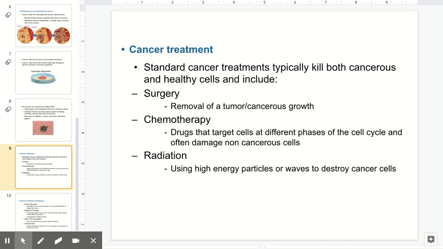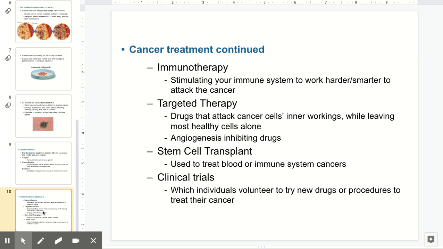If you like to keep your hair pretty short, like a short haircut or a shape up, you have to go every couple of weeks to keep it looking the way you want because the hair grows quickly. There are additional types of treatments that include immunotherapy to induce your immune system to work harder again and attack the cancer cells. There are targeted therapies, stem cell transplants, and clinical trials.